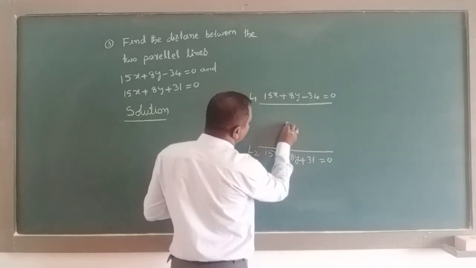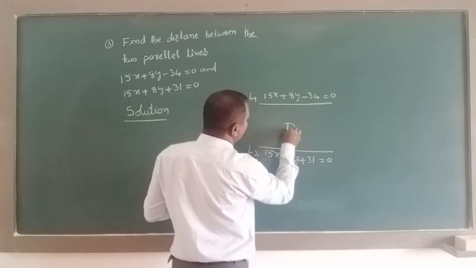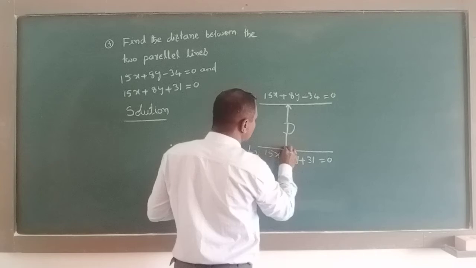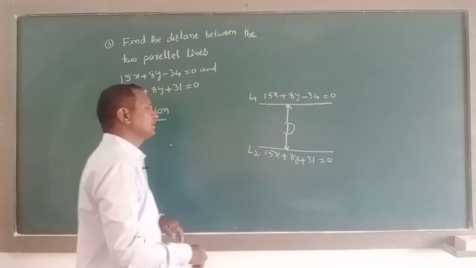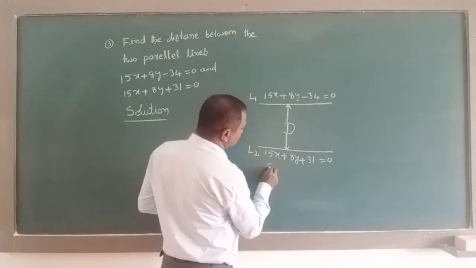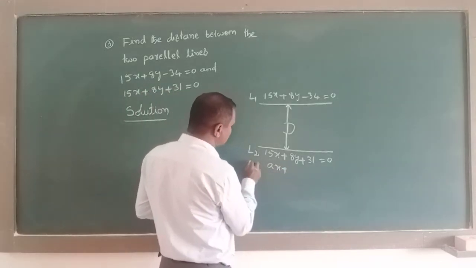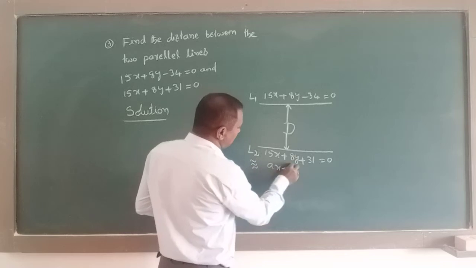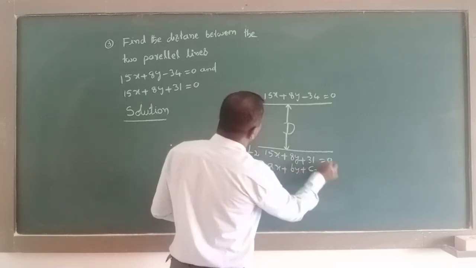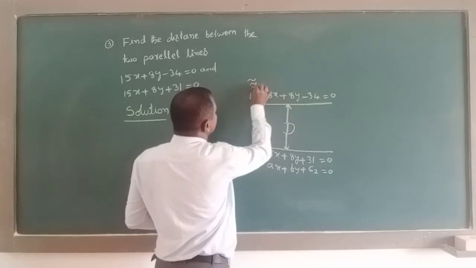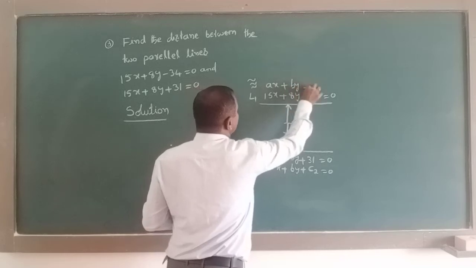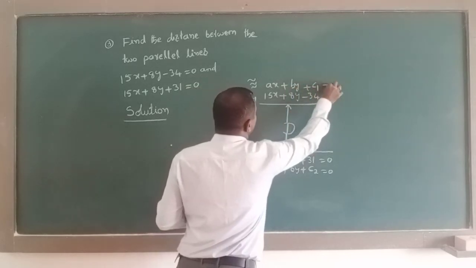Consider the distance between the two parallel lines as D. Comparing with ax plus by plus c2 is equal to 0, and ax plus by plus c1 is equal to 0.